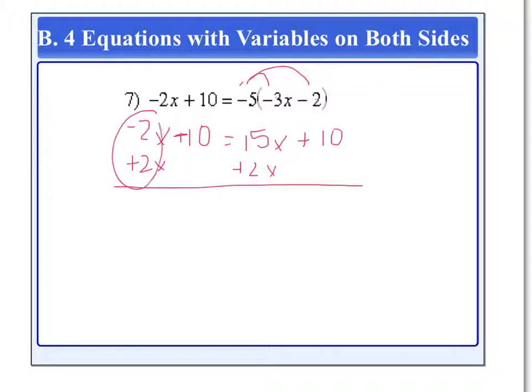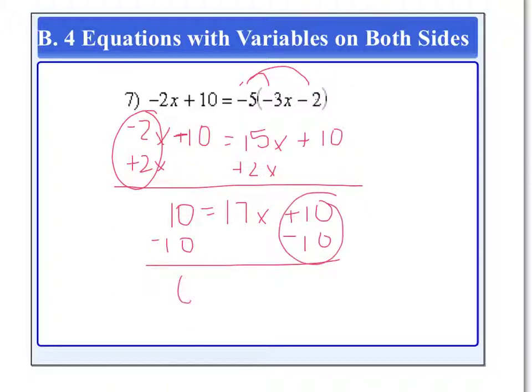When I add 2x to each side, I'm left with a positive 10 equals 17x plus 10. Subtract 10 from each side. I get 0 equals 17x. Divide by 17. And x equals 0. Perfect.